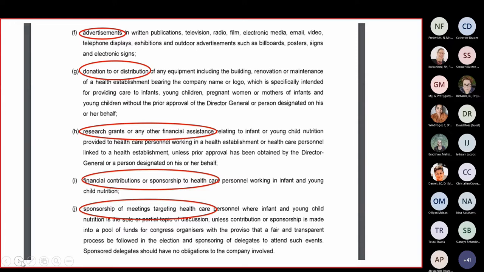It talked again about the donations and the distribution of material support to institutions, research grants, and any other financial assistance. And usually these are fronted by what we call private INGOs or international NGOs, PINGOs, something like the Nestle Nutrition Institute Africa. So it would offer bursaries, scholarships, exchange programs, sponsorship of the conferences, learning opportunities, exchange programs again, and then also sponsorship of meetings that were particularly targeting healthcare professionals.